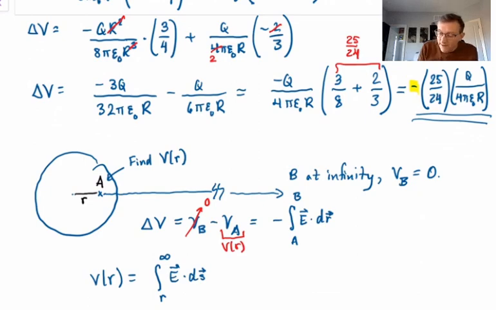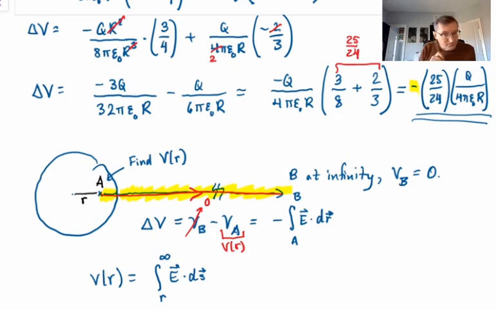So then you would integrate along a path from A to B, out at infinity. And notice you're going to have to break it up into two regions: the integral first from point A out to the surface of the sphere, where you use the electric field expression E1, and then from the surface of the sphere on out to infinity, all the way out, where you use E2.